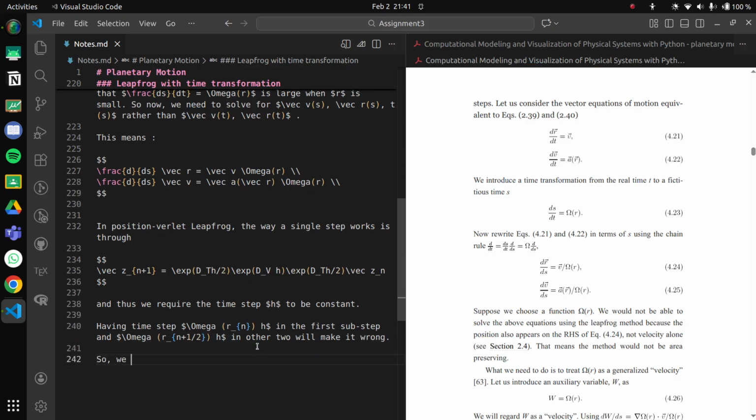So we use the same step, call it W, the same step scale W, which is computed at the very start.